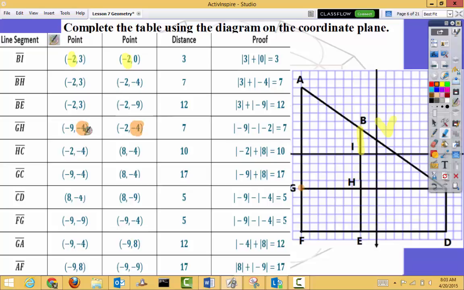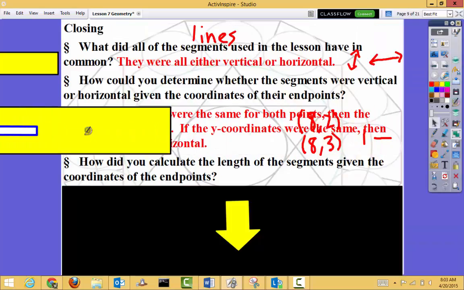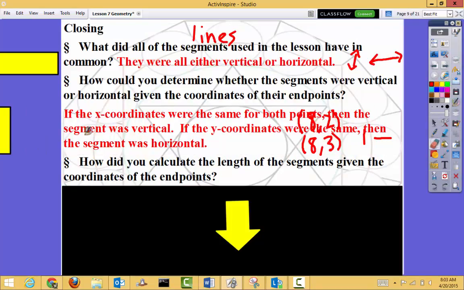This is G to H. They have the same y value, then they are horizontal. Why? Well, because if they have the same y value, they're not going up or down. So what can we determine? Well, if the x coordinates for both points are the same, then they are vertical. X coordinates, same, vertical. The y coordinates are the same, then what?